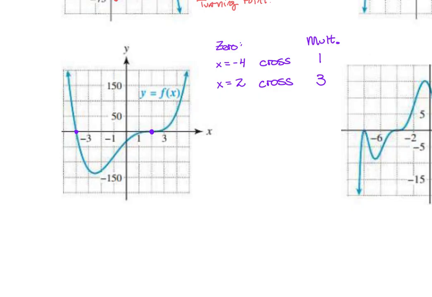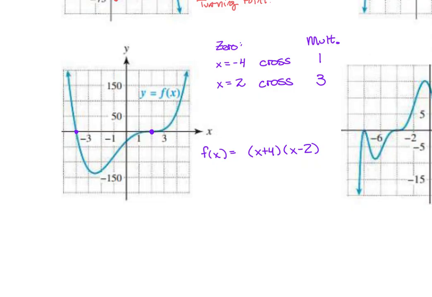All right, from here, we want to create our function. Because x equals -4 is a 0, we know that x plus 4 is a factor. It has a multiplicity of 1, which means I just want one factor, so we don't have to do anything with this. For x equals 2, that means x minus 2 is a factor.